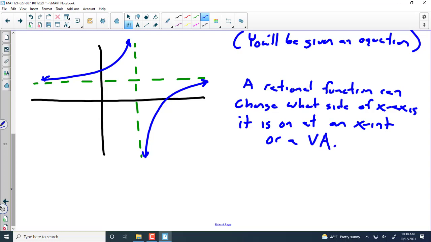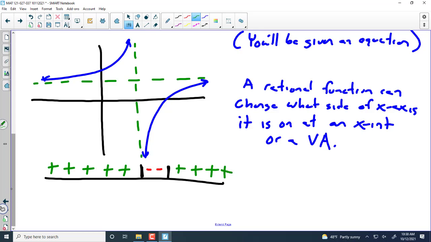Because what you'll notice is this thing goes from being above to below to above. At one place it changes from being above to below at a vertical asymptote, and it changes from being below to above at an x-intercept.